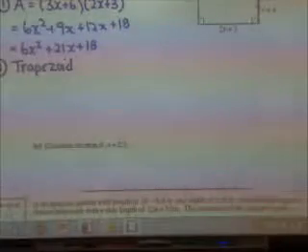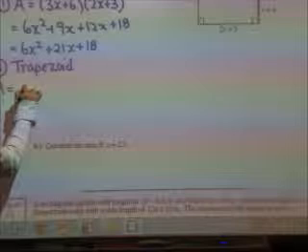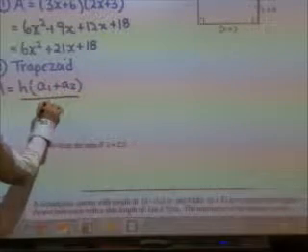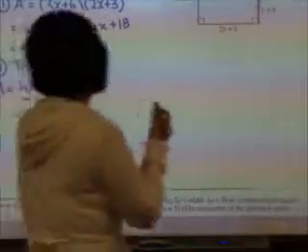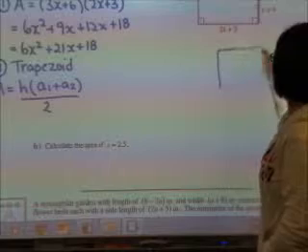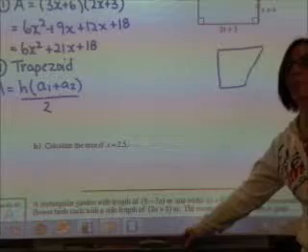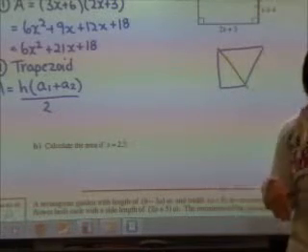In a trapezoid, we can calculate the area. The area is equal to the height times A1 plus A2, divided by 2. So just quickly, the explanation of where that comes from. If this is my trapezoid, I can split it up into 2 triangles, the area of each triangle being 1/2 base times height.